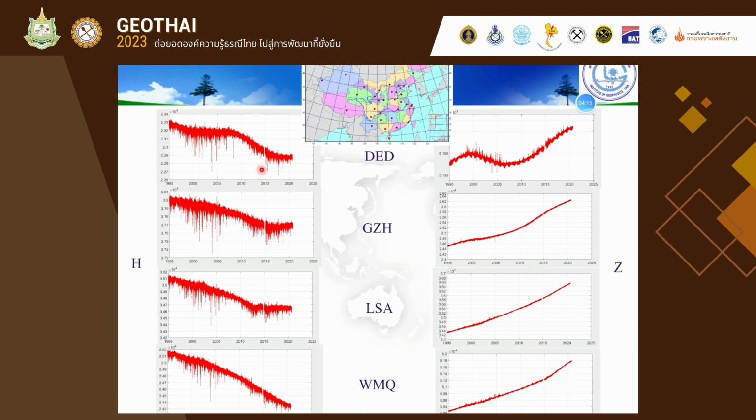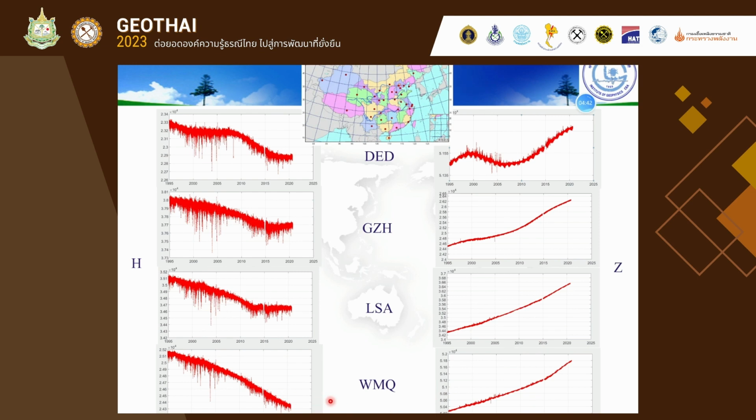The first one is Dedu Observatory. Its location is in the northeast of China here. And the second is Guangzhou. It is here in the south of China. And this one is Lhasa. It is here in the southwest of China. And the last one is Urumqi. It is here in the northwest of China.